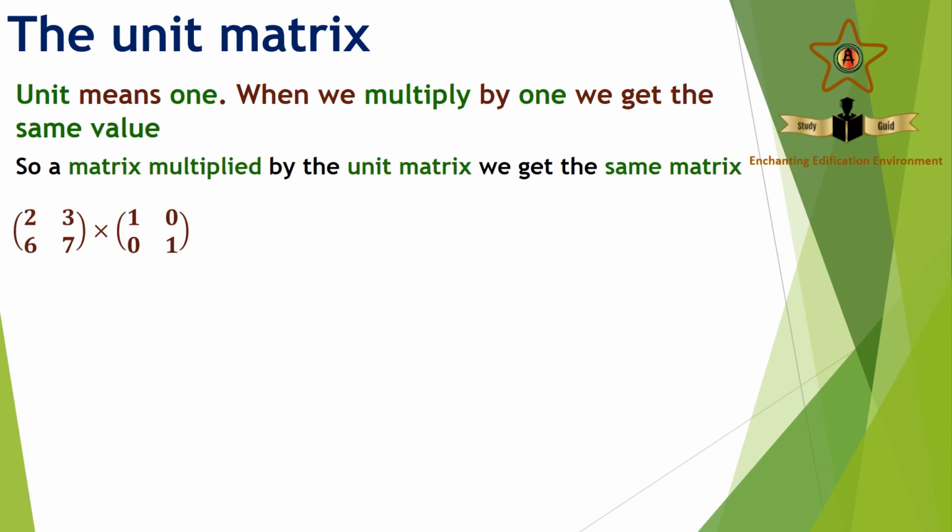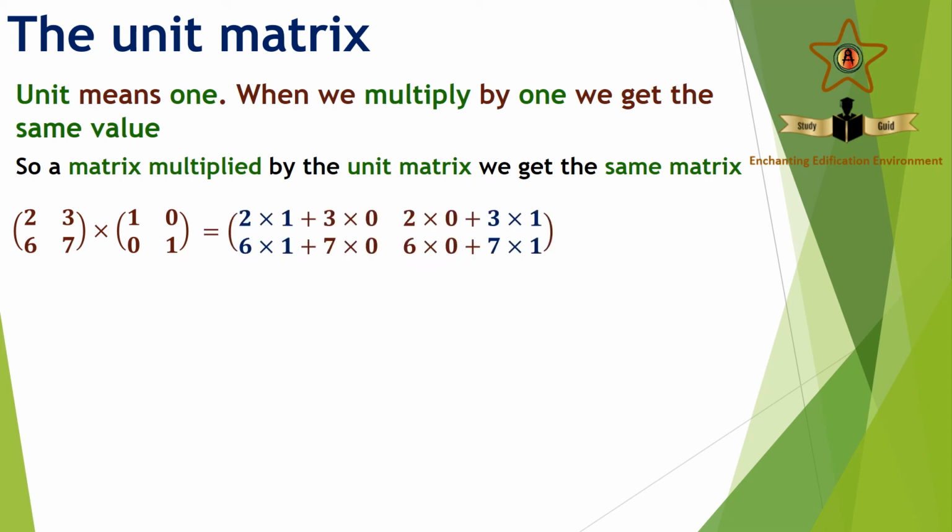Now we are going to multiply 2, 3, 6, 7 by 1, 0, 0, 1. So this second matrix is a 2 by 2 unit matrix. Now we will continue the multiplication. So we have to get 2 into 1 plus 3 into 0. Then to get the second element of the first row, we have to multiply 2 into 0 plus 3 into 1.